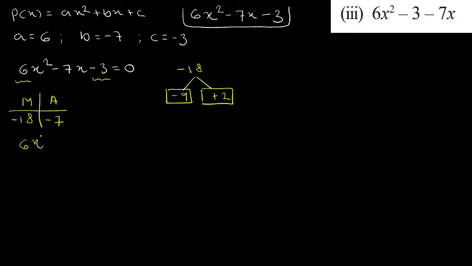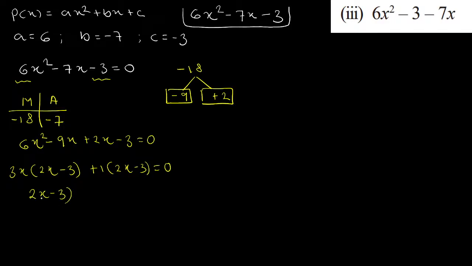So 6x square minus 9x plus 2x minus 3 is equal to 0. Take 3x common, so I'll get 2x minus 3, plus 1 times 2x minus 3 is equal to 0. Take 2x minus 3 common, and we'll get 3x plus 1 is equal to 0.